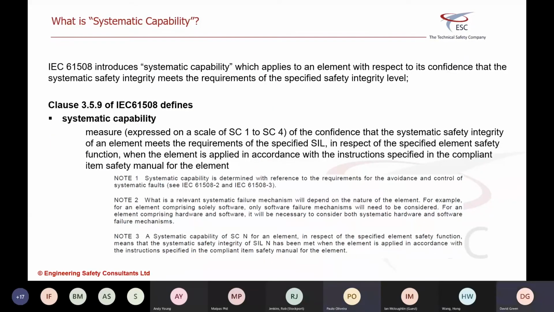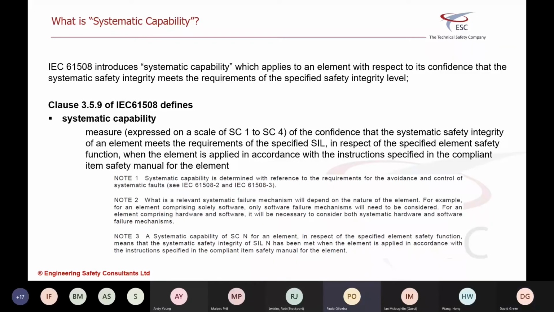Systematic capability. Systematic capability is a concept that's introduced by 61508. It quantifies, in 4 bands, systematic capability 1 to 4, the confidence that the system safety development has done the best it can to weed out, prevent, control, and avoid any errors, any bugs that would affect the safety function.